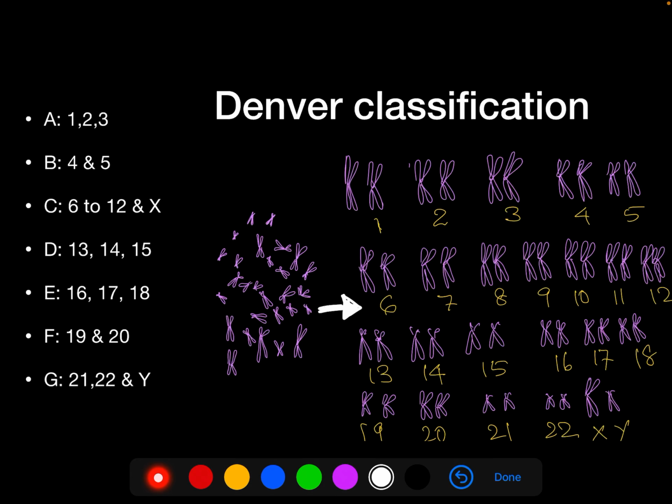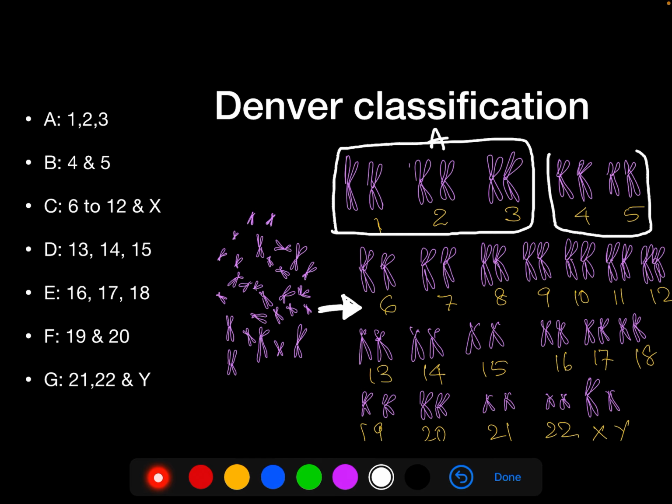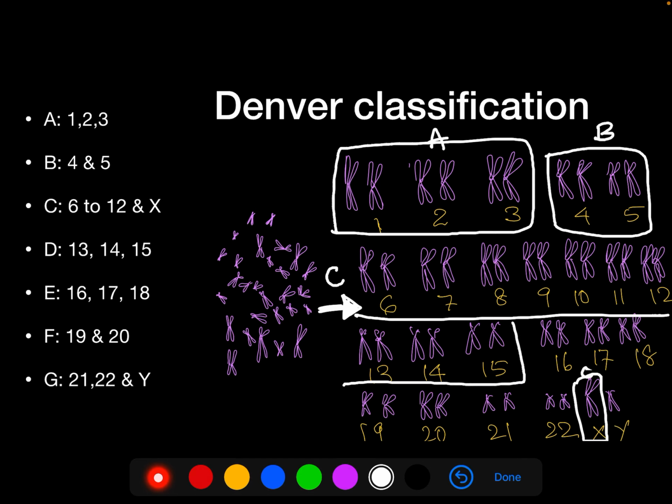According to the Denver classification, the first group, the A group, consists of chromosomes 1, 2 and 3. The second group, the B group, consists of chromosomes 4 and 5. The C group consists of 6 to 12 plus the X chromosome. The D group is 13, 14, 15.